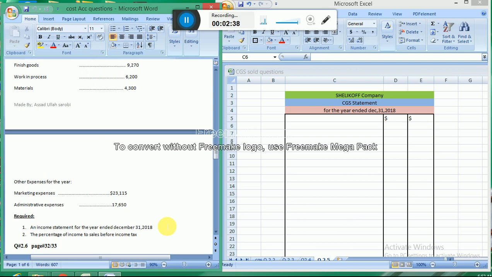The expenses, like marketing and admin expenses, are given. Sales is also given, but cost is not given. So first we will use our own common sense to find the cost of goods sold, and then we will prepare the income statement.